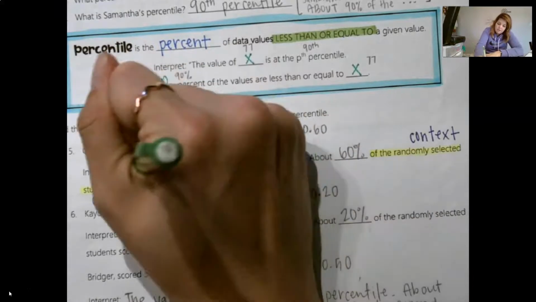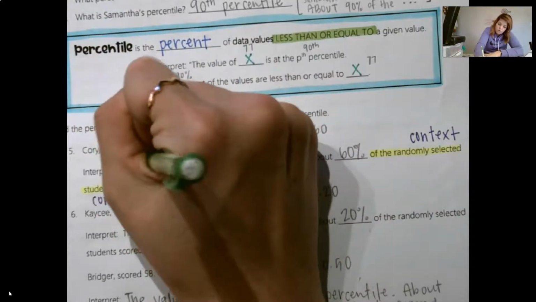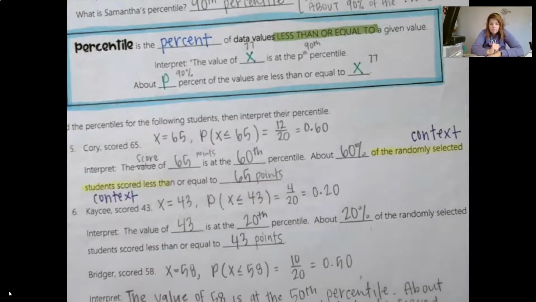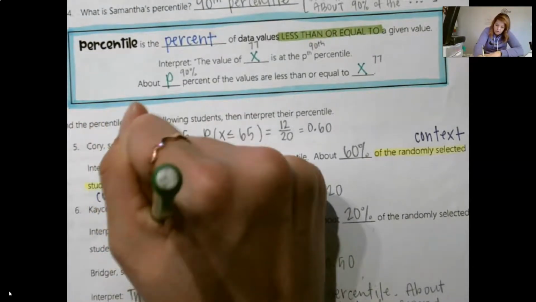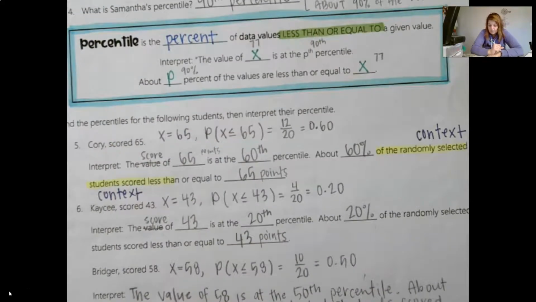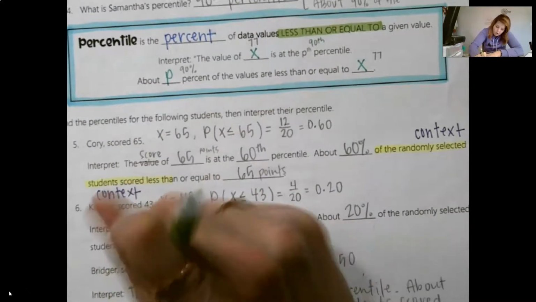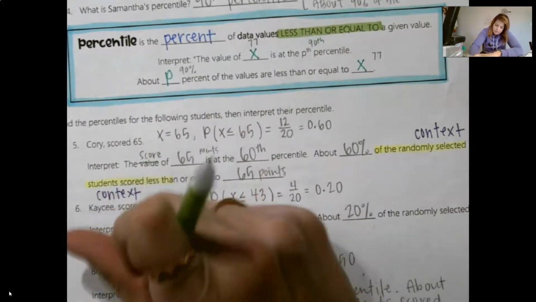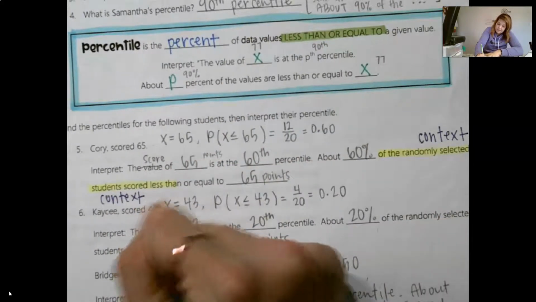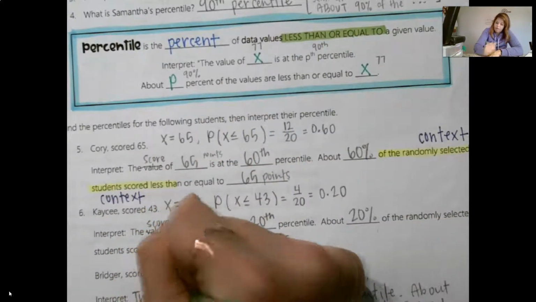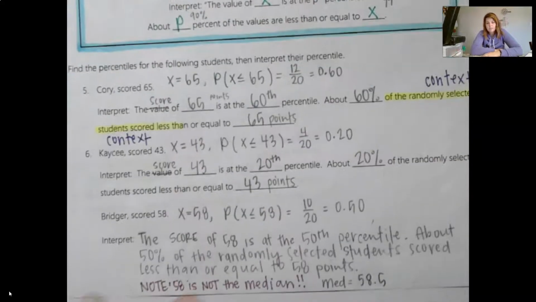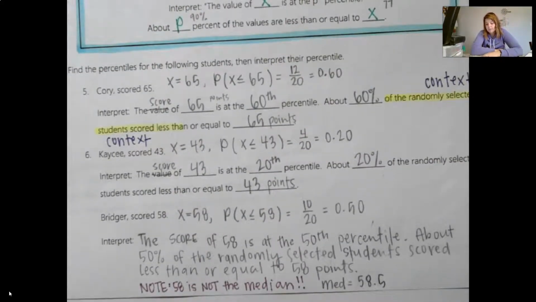It might have even been better to say the score of 43, the score of 58. There would be nothing wrong with that. That would just add more context. And context is always good.